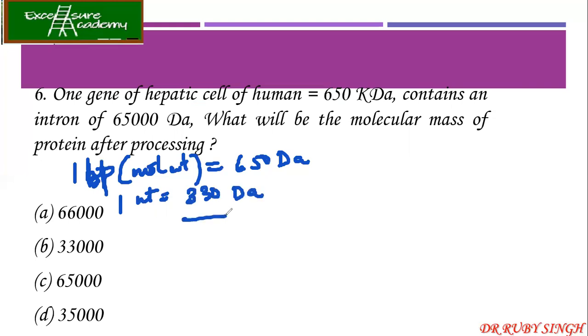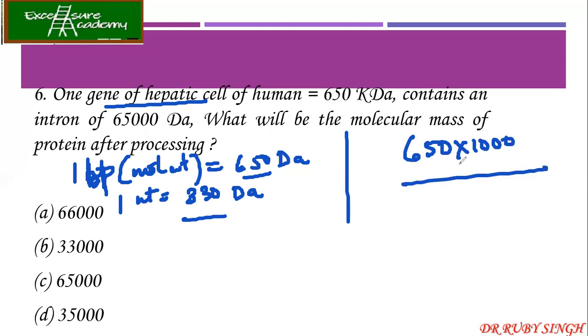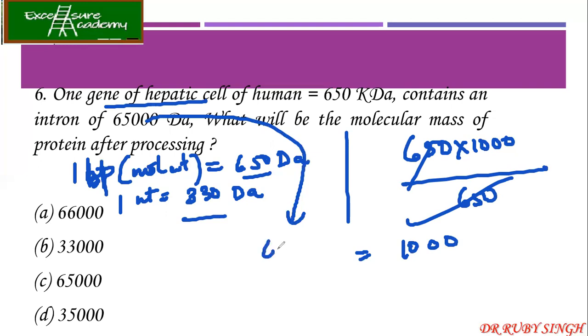They're talking about the gene, so gene means both strands will be present. Now the number of base pairs is equal to 650 kilo divided by 650. Cancel, and you're going to get 1000 base pairs. Now the intron is there, and you have to do the same thing. On cancelling, how much are you getting?